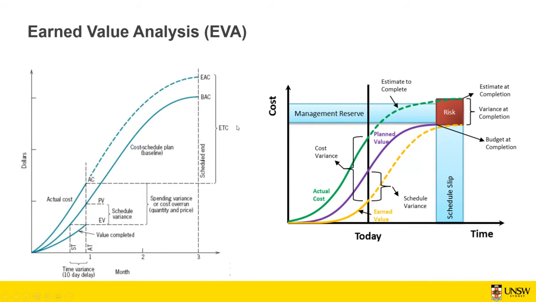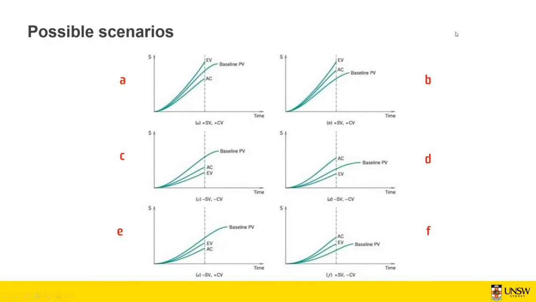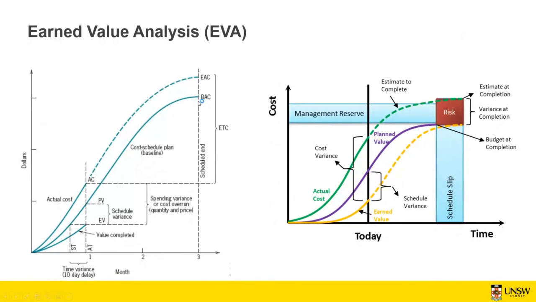Okay, so we got a question here. Isn't it easier to just subtract BAC minus actual cost to date? No, the reason is that the BAC is supposed to be the budget at completion, regardless of how the project is going to perform.